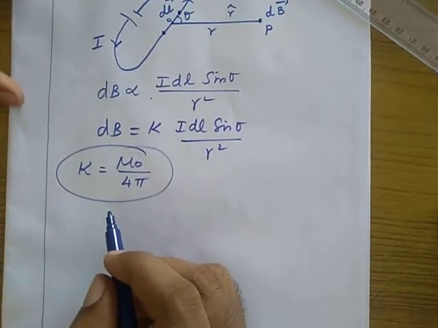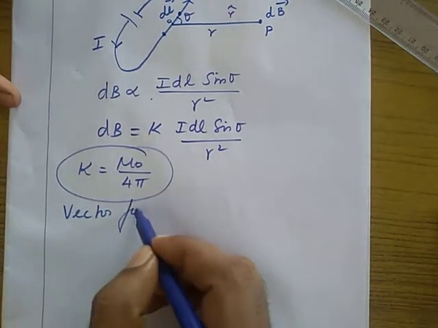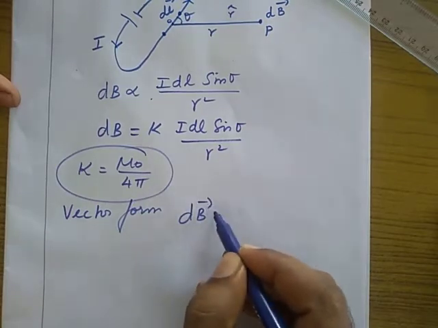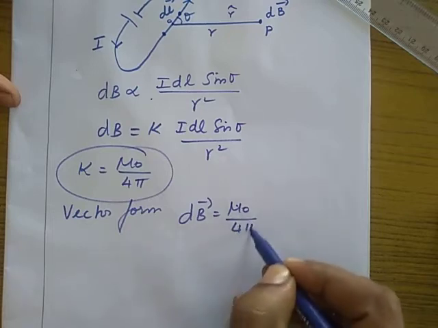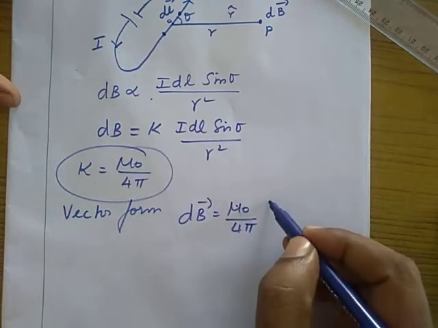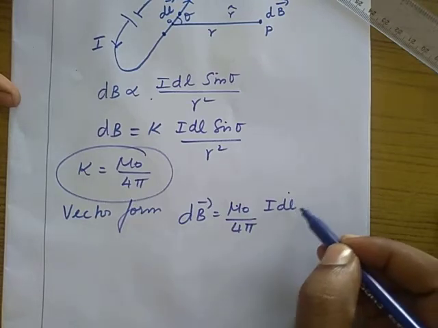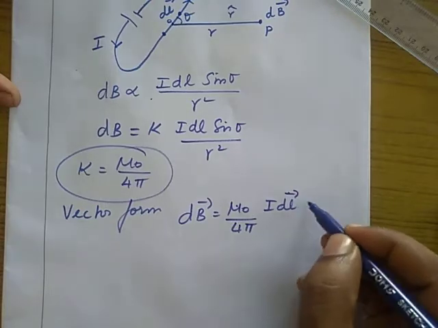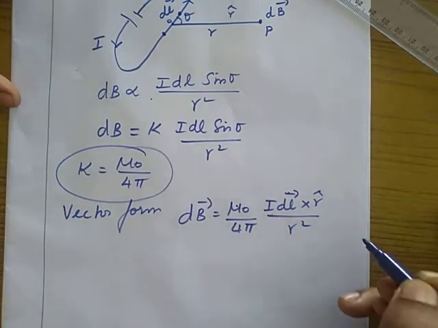If we write it in vector form, then dB vector is equal to mu naught by 4 pi times I dl vector cross r cap by r square.